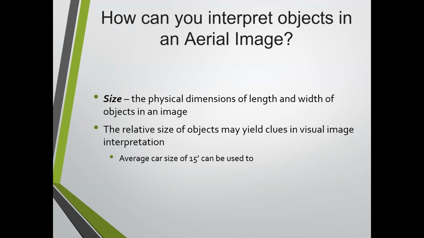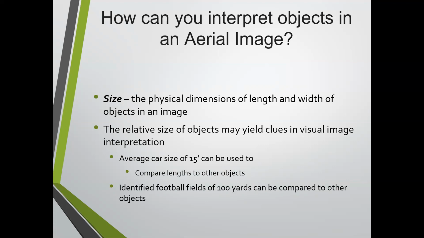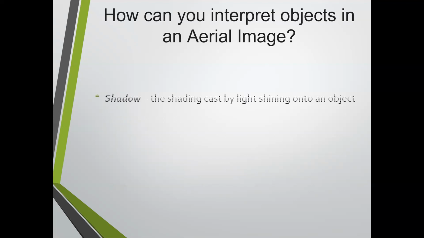So if you can find a car pretty obviously, you can compare that to other features and get an idea of scale and size. You can identify, let's say, a football field, that's 100 yards. When you start comparing that to other objects, you've got a scale reference right there that you can use.